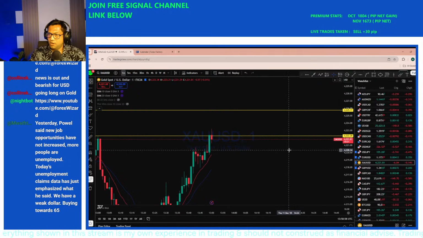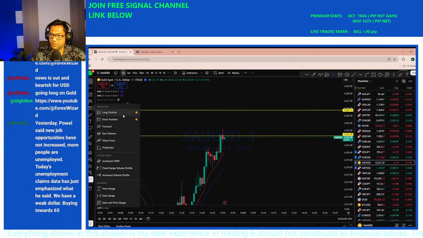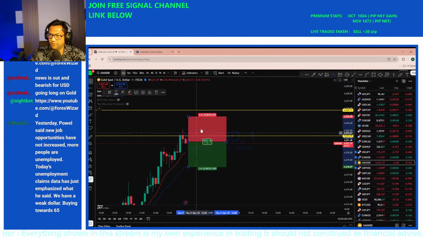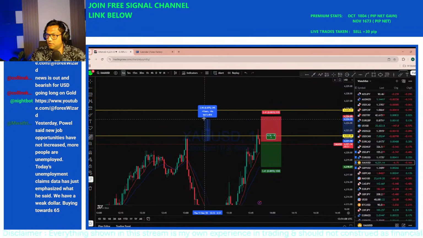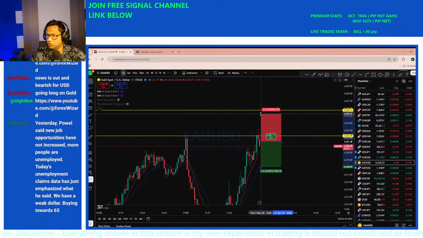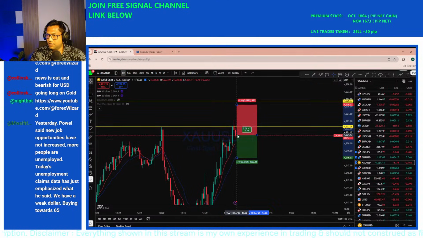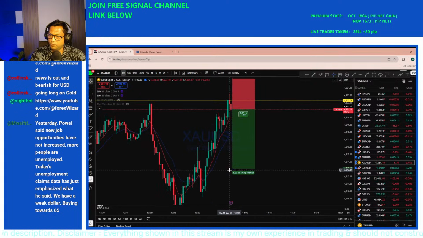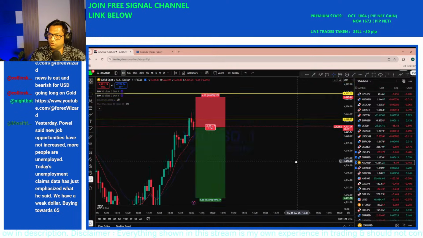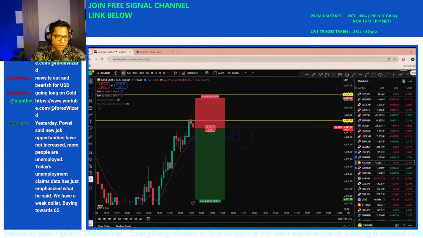Okay, so I will be opening a short-term selling opportunity here from this level, keeping the stop loss above this high. So it's going to be a very tight stop loss, sell order by market. If the market goes down for this initial drop, I will be on the trade. So it's a sell by market from this level with a stop loss above this high, stop loss at 4225.7.